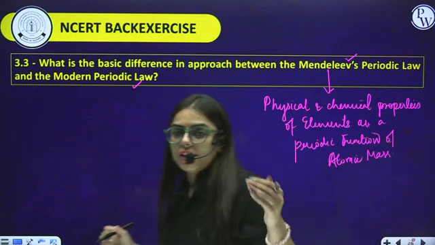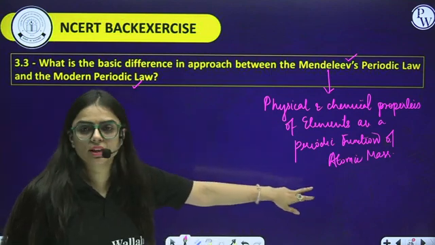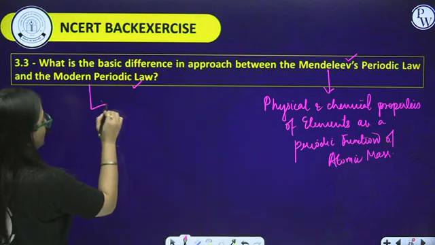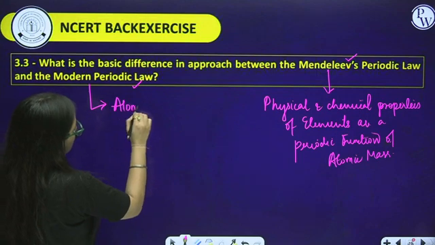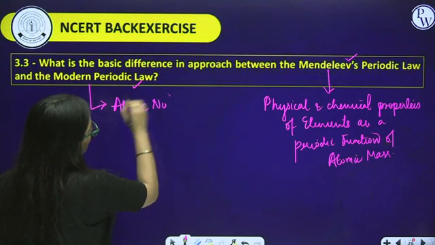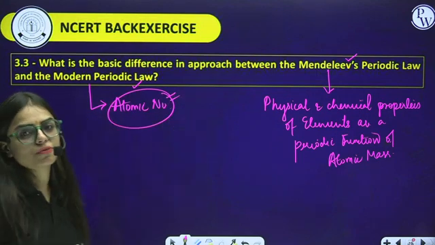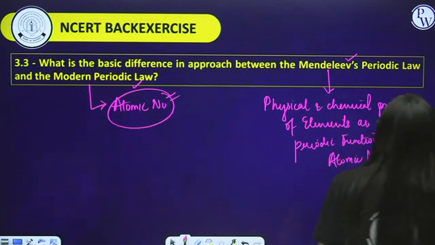That means when you arrange elements, you arrange them in order of increasing atomic mass. But the modern periodic law puts emphasis on atomic number, not atomic mass. So this is the huge difference that you are going to observe. Let us see the next question.